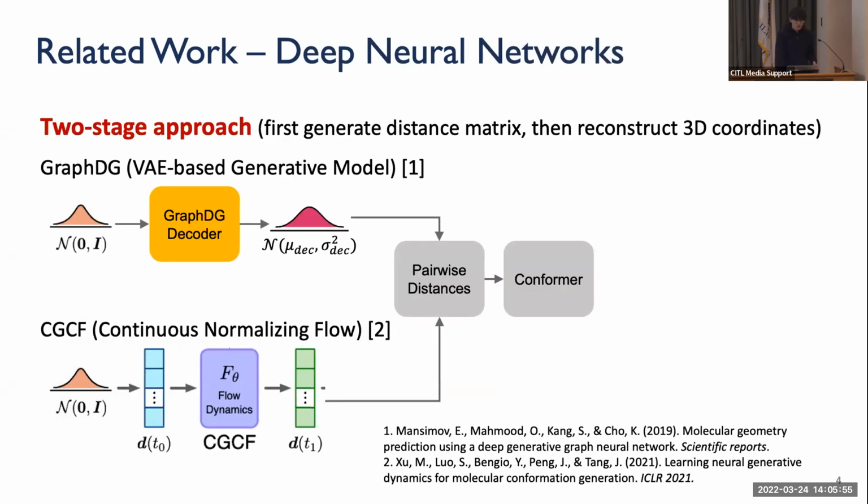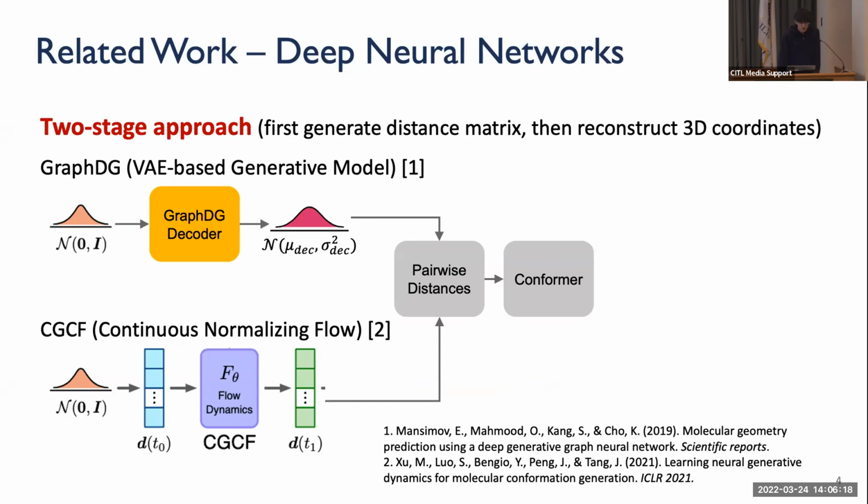So more recently, many deep neural network-based approaches have been proposed to solve this problem. Some of them are two-stage approaches. For these approaches, they will first generate the distance matrix, then reconstruct the 3D coordinates from this pairwise distance matrix. For example, GraphDG and CGCF.